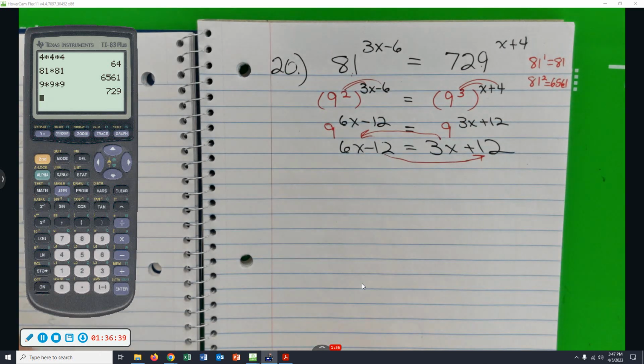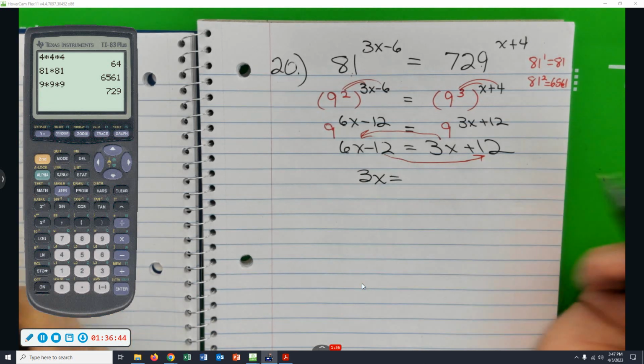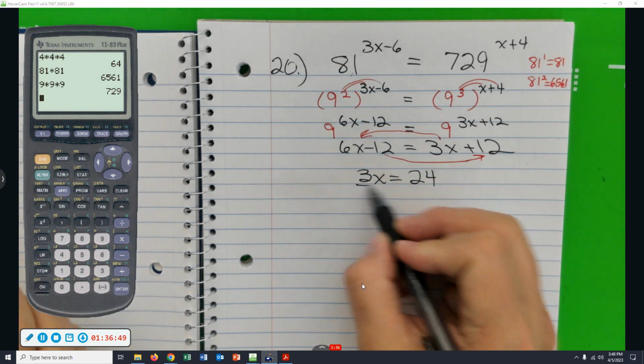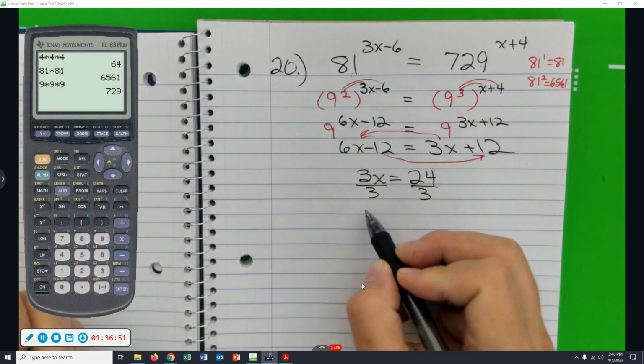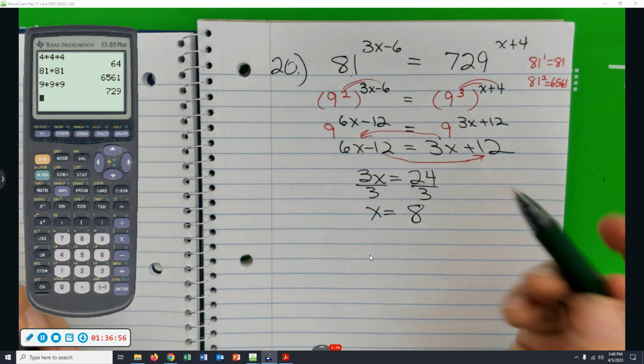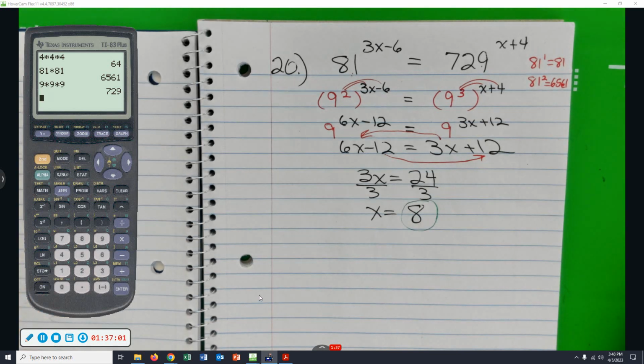So 6x minus 3x gives me 3x. 12 plus 12 is 24. That's another number. So you'll get the hang of it; sometimes you've got to change both bases. Okay. Punching the answer in.